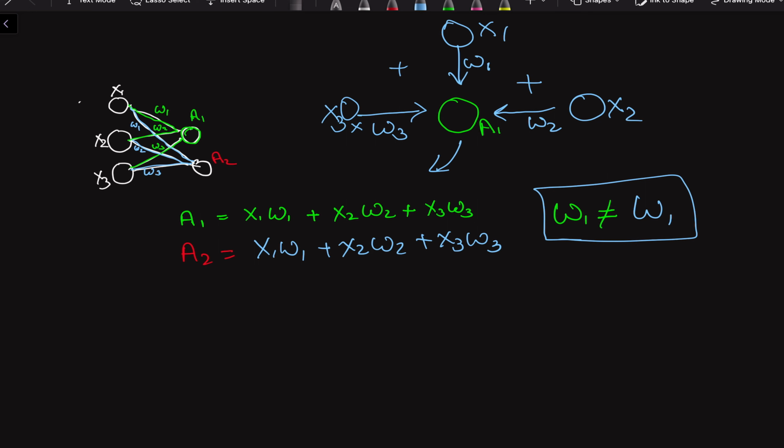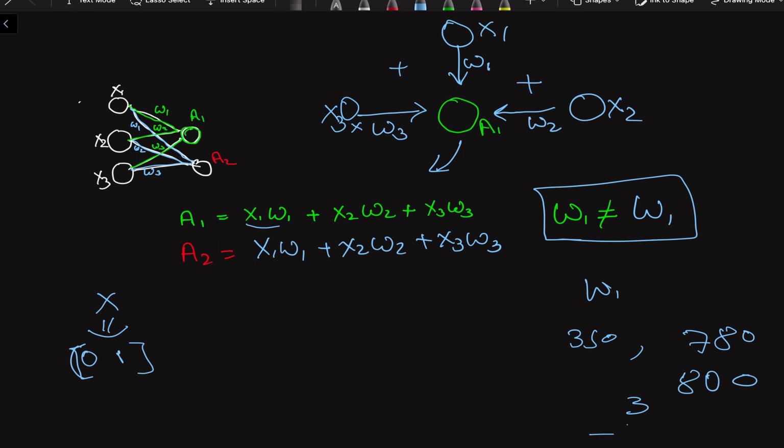All right, before we move further, this is not the actual value of A. X we've already figured out, it's a pixel, so it ranges from 0 to 1, right? What about W? W can be any value, okay? W can be 350, 780, 800, 2 or -3.